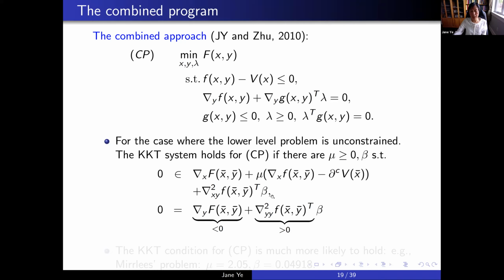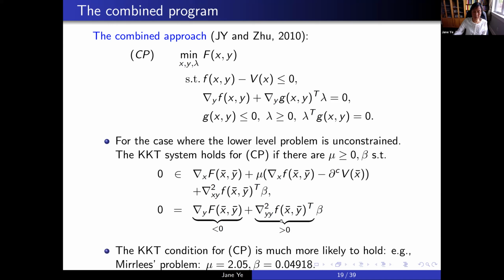And so we will have now more flexibility to choose the multiplier beta. And now remember that this part is, for the Mirrlees problem, a negative number. It cannot be equal to 0.